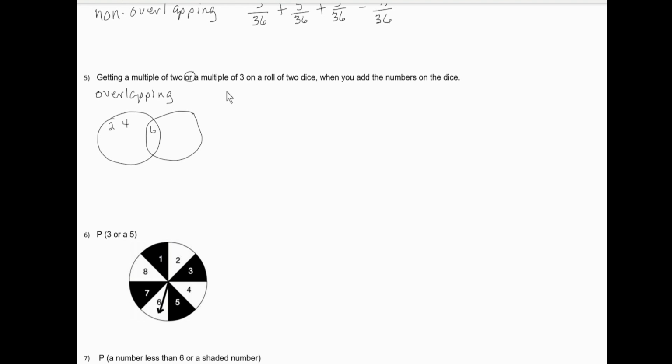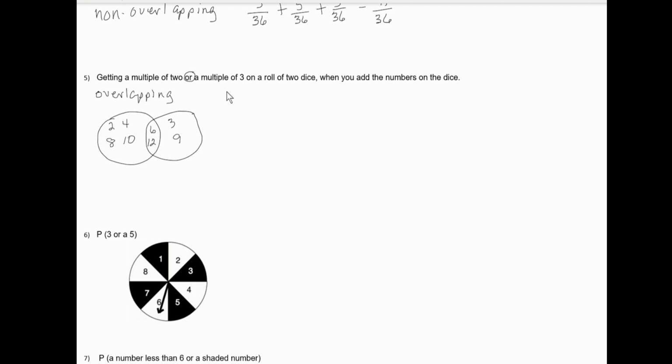I'm going to put 6 in here because 6 is a multiple of 2 and it's a multiple of 3. 2, 4, 6, 8, 10, and 12 is also a multiple of 3. And 12 is as high as we go on the sum charts when we're rolling 2 dice. Multiples of 3: 3, 6, 9, and 12.